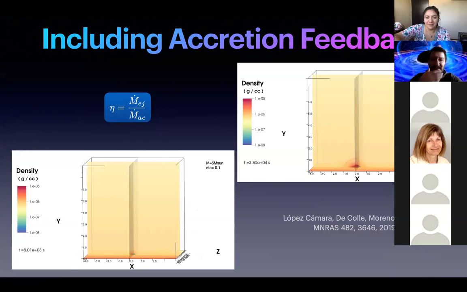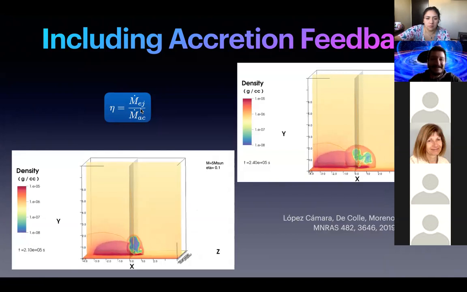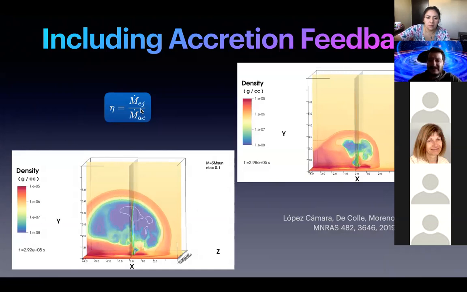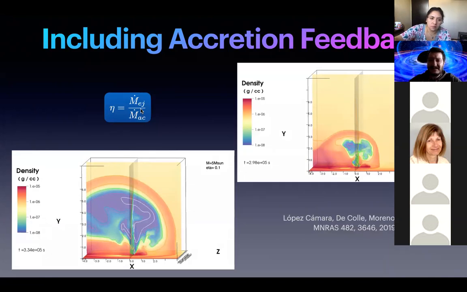And we did it with different efficiencies. You have now a new definition of efficiency. Now it's the accreted mass against the ejected mass. And with different efficiencies, you can see that the jets can actually come out. They can be affected by the wind. These are not very, very efficient, especially the one on the right.